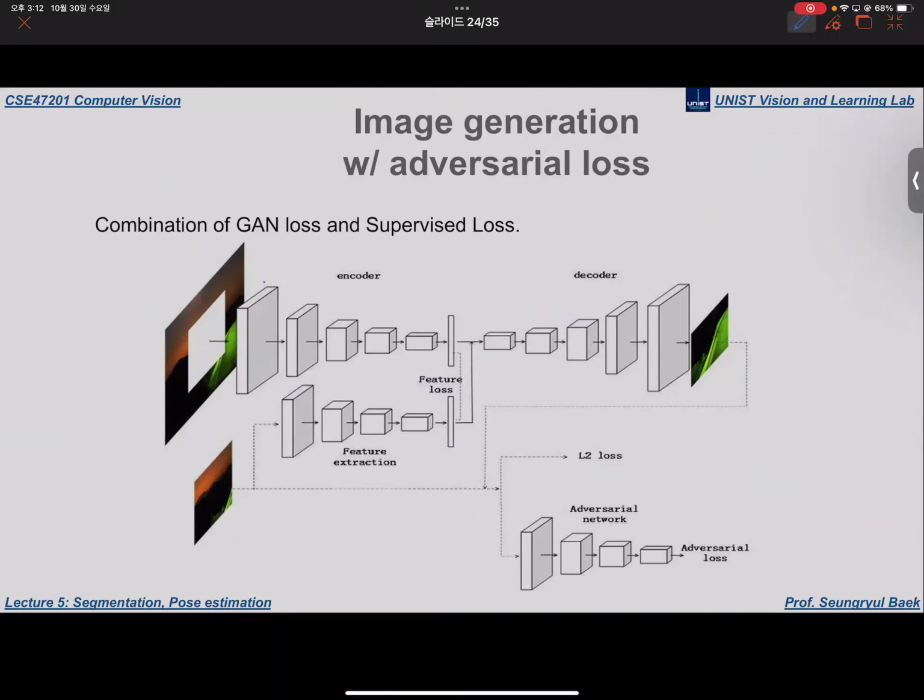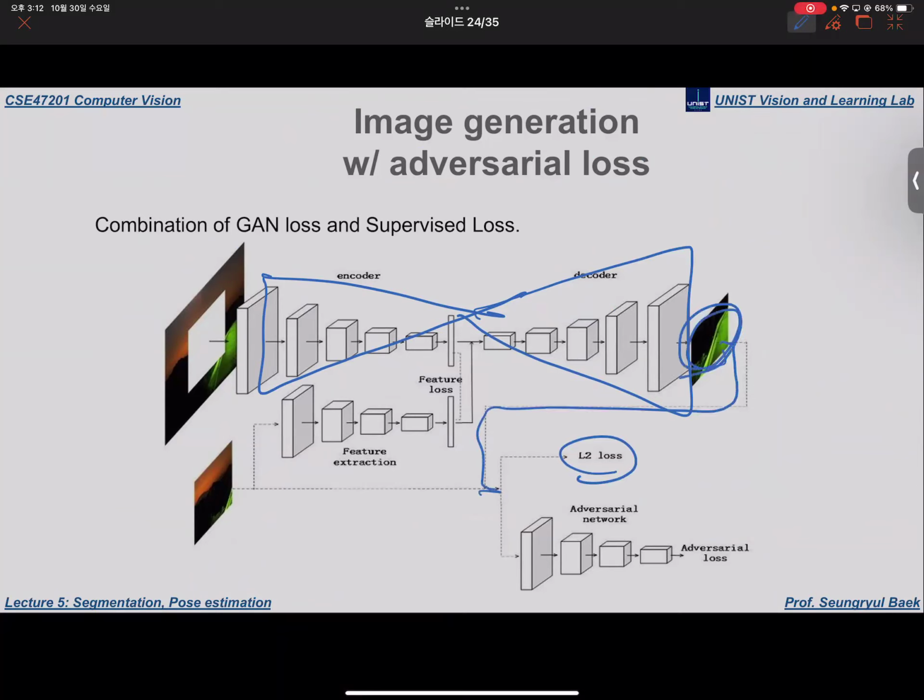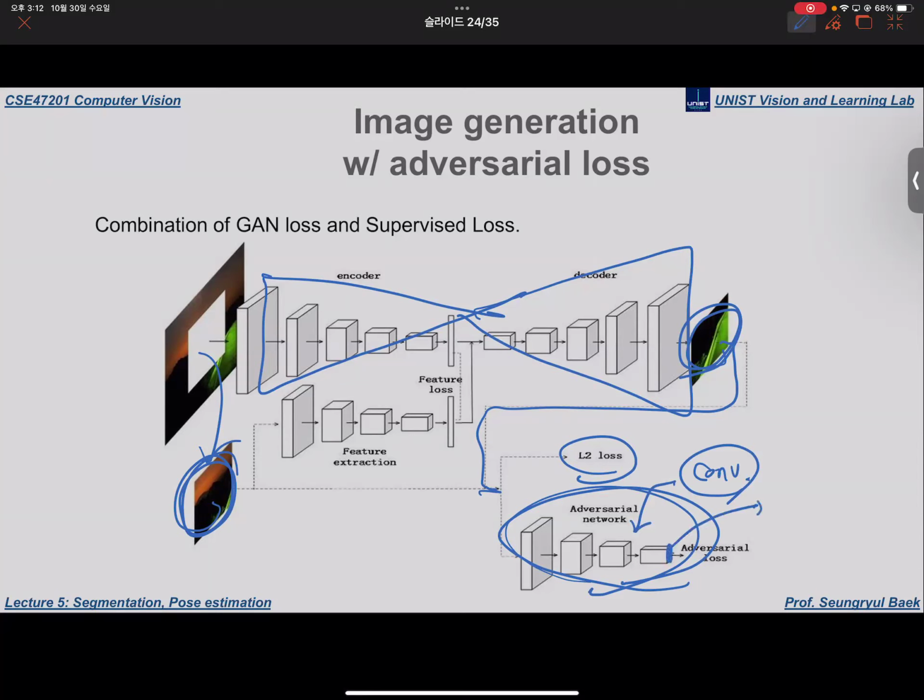Okay, so this is the final encoder-decoder architecture that we will use. We can use L2 loss here to make the network's output close to the ground truth, which is removed from here. At the same time, we have another adversarial network. Actually, this network has some convolutional operations inside, and its output is a one-dimensional floating value saying 0 or 1.